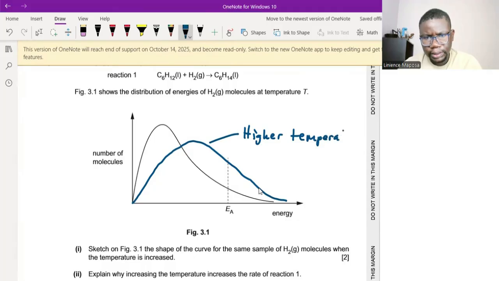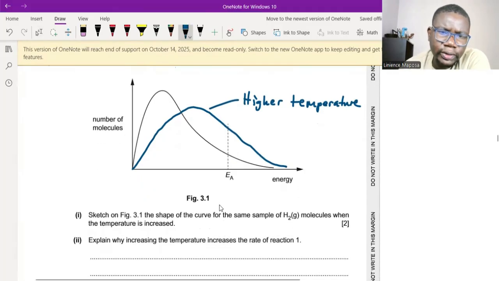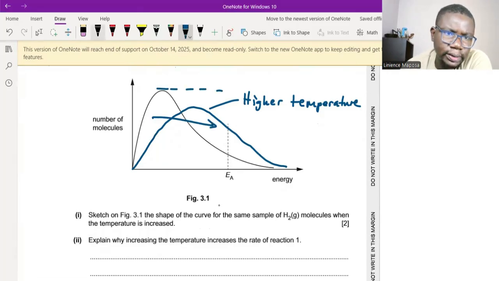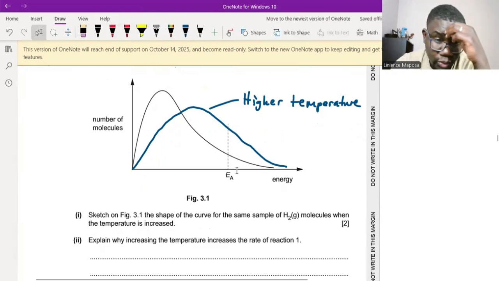Notice that I deliberately didn't reach this line because most of the molecules have now shifted to this region. So ideally, the area here must be the same as the increase here. I need to erase that.